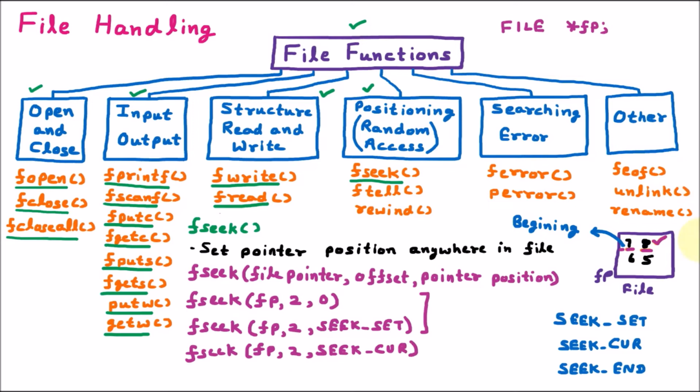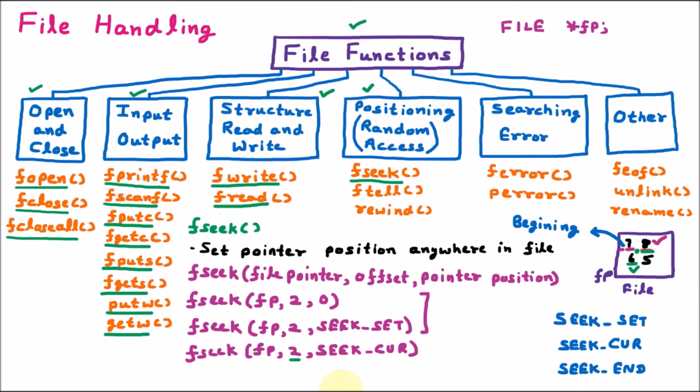Let us assume that when we are opening the file, our file pointer is before 8. Now here SEEK_CUR means from where the pointer currently is, moving by 2 bytes. So here 1 and 2, that means we are going to fetch the record which is 6. So from the current position, we are moving forward by 2 bytes.